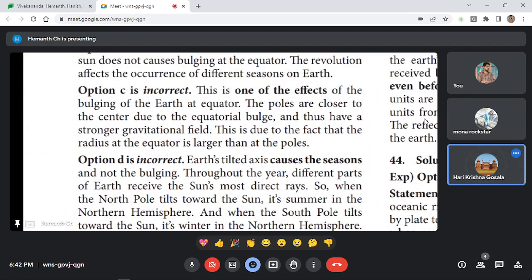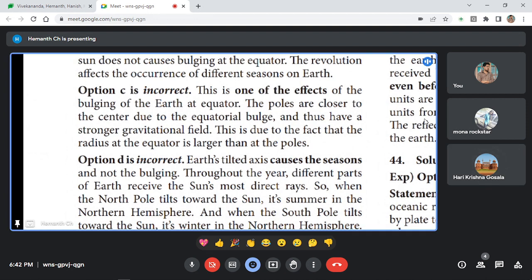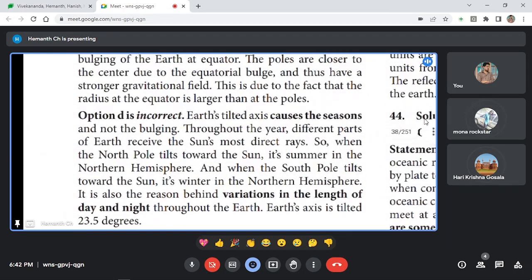Next. One effect of the bulging of the Earth at the equator is that the poles are closer to the center and thus have a stronger gravitational field. This is due to the fact that the radius at the equator is larger than at the poles. Next. The Earth's tilted axis causes the seasons, and not the bulging.